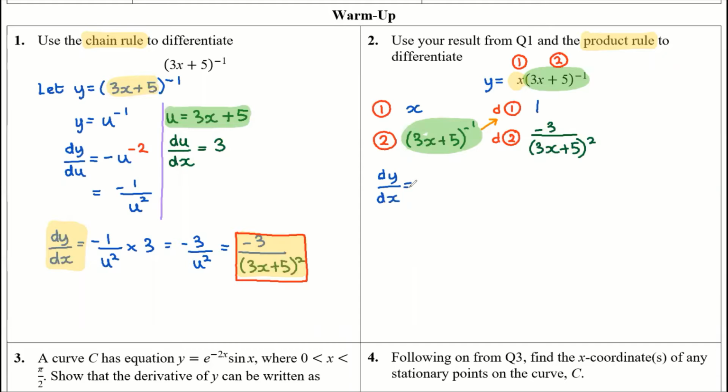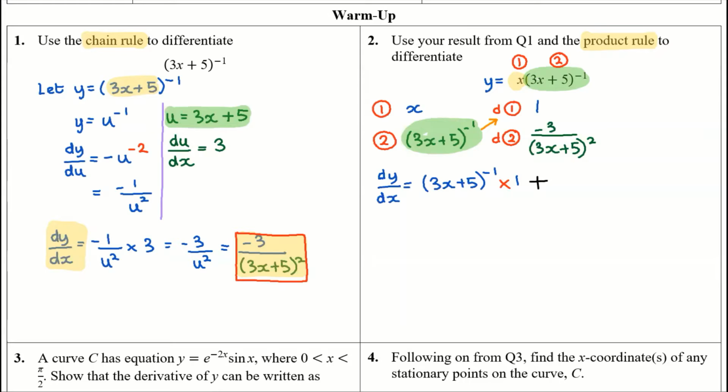is going to be 3x plus 5, making sure I copy the question down correctly again, to the power negative 1, multiplied by 1, which is the d1 part, multiplied by the d1. And then I've got to add, really important, the other 2 diagonals multiplied together.